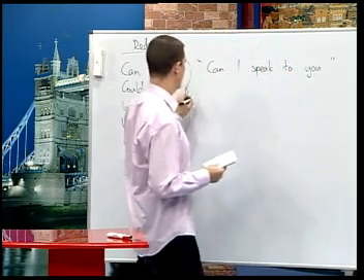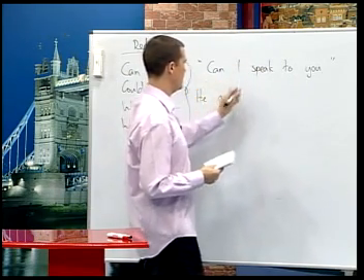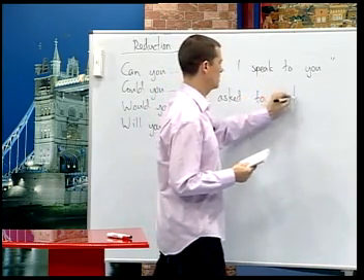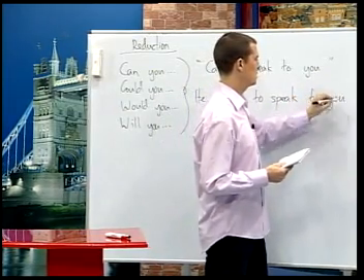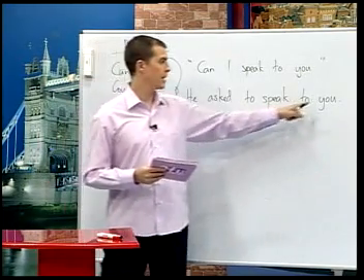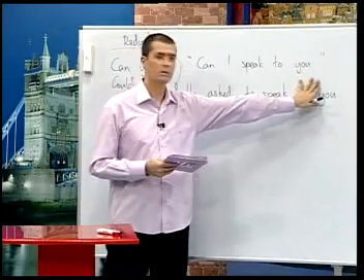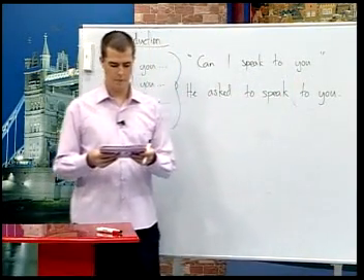This can become: he asked to speak. But we need this, to you. When we reduce these clauses, we must have the direct object. He asked to speak is not enough. He asked to speak to you.